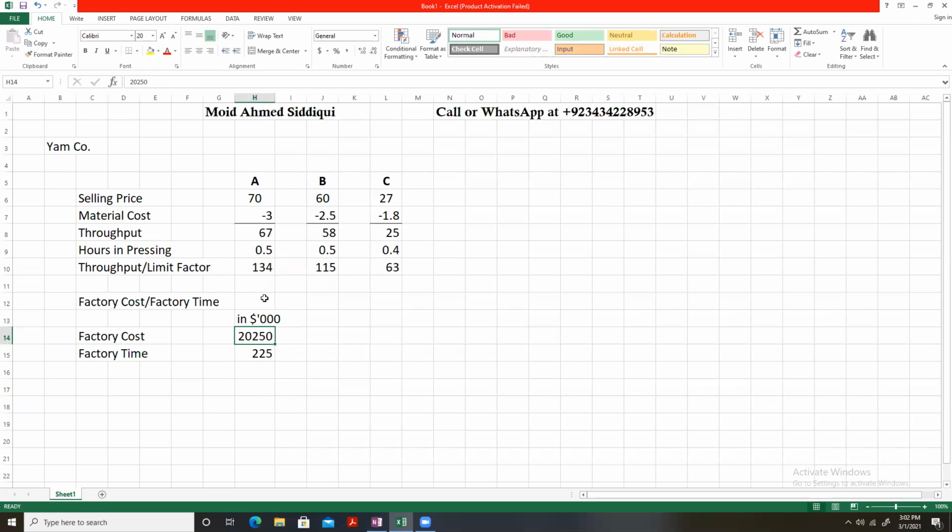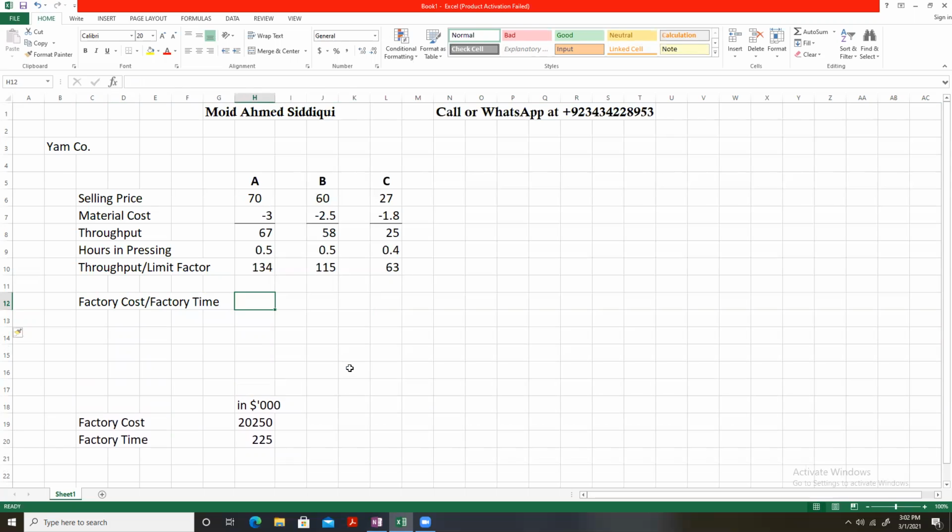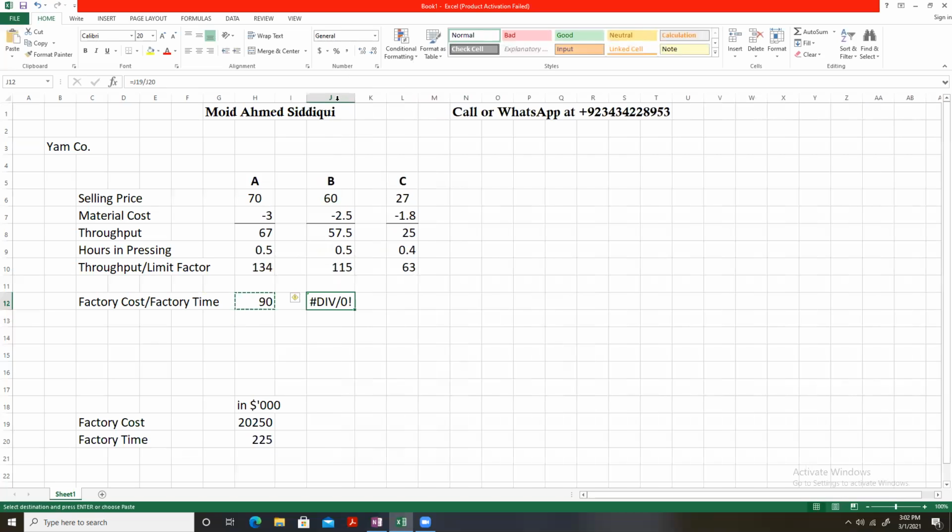So factory cost per factory time will be how much? It will be 20,250 divided by 225, which is 90. And we will take this figure for all the three products.